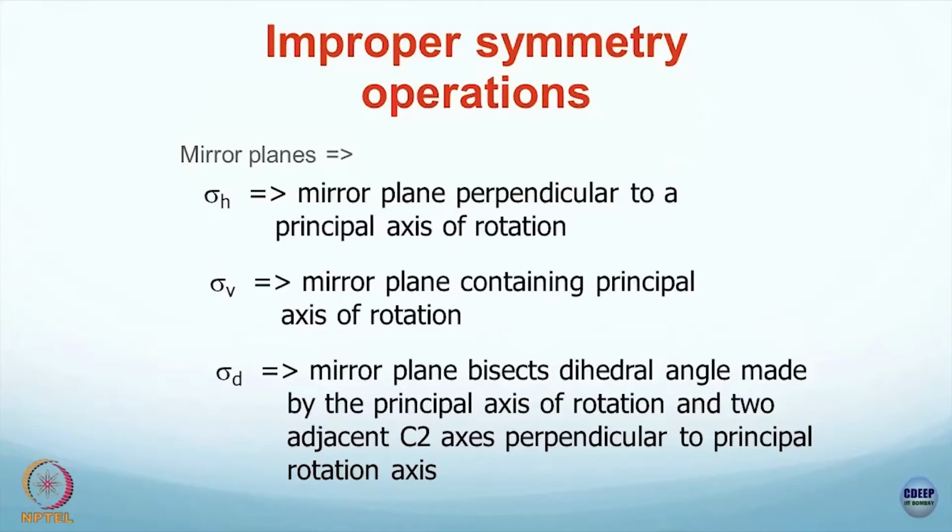Sometimes you look at a molecule, it will have a 2-fold axis symmetry, a 3-fold axis symmetry, and a 4-fold axis symmetry. If you have that, then the principal axis is only the 4-fold axis. So, the others are not the principal axis. Okay. And if the sigma v plane which you are going to consider contains that principal axis, then the notation is sigma subscript v, and that is a plane of symmetry.